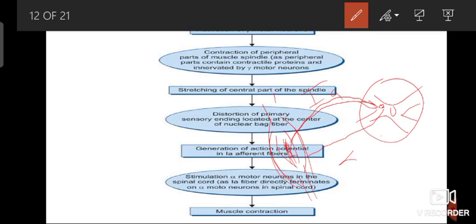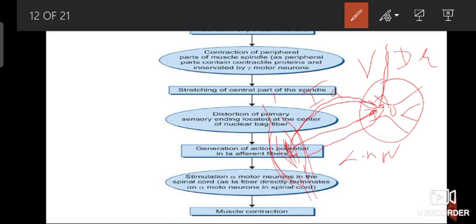But in the second mechanism, what happened? The gamma motor neuron, by the descending pathway from the higher brain center, can stimulate alpha motor neuron. Here is the alpha motor neuron, and the gamma motor neuron is present on the peripheral part of the spindle.